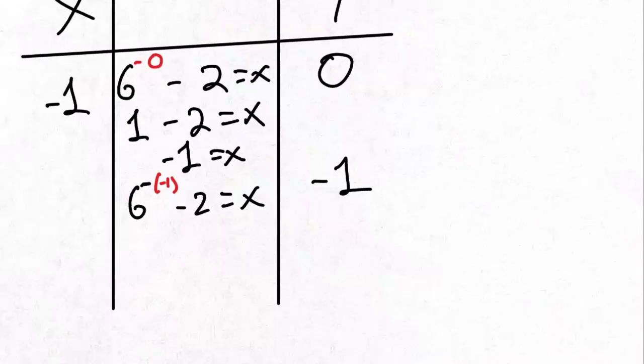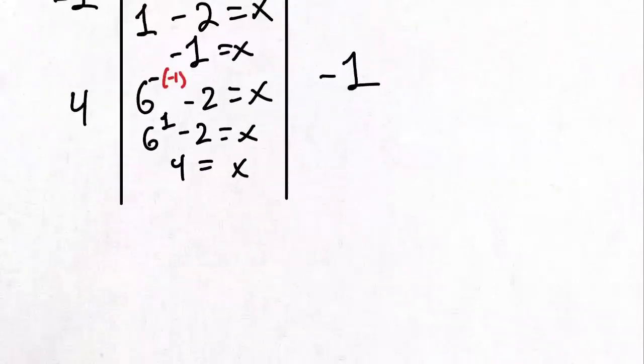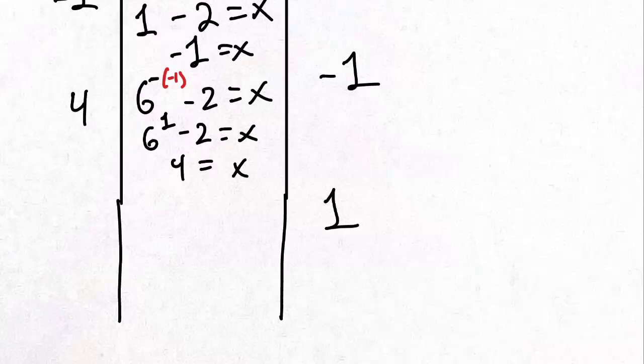That makes it positive 1, which will give me 4. So that's another coordinate I can plug in: (-1, 4)? And then the coordinate on the right-hand side of 0, in this case, is going to be positive 1.